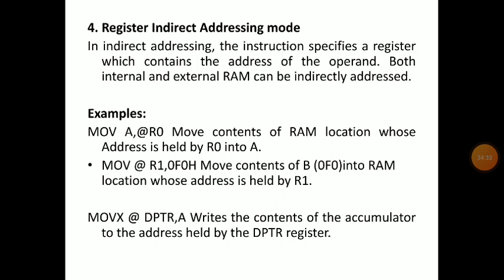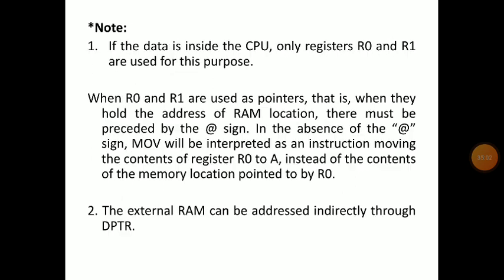For indirect, we should have @. In indirect addressing, the instruction specifies a register which contains the address of the operand. Both the internal and external RAM can be indirectly addressed. Examples are MOV A, @R0, MOV @R1, 0F0H, and MOVX @DPTR, A.